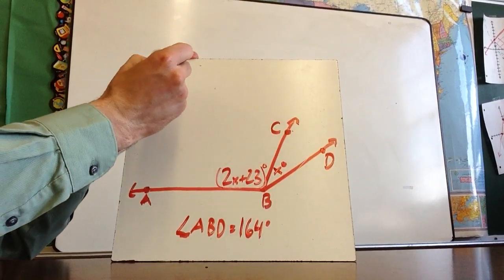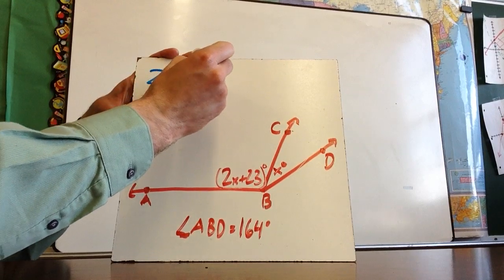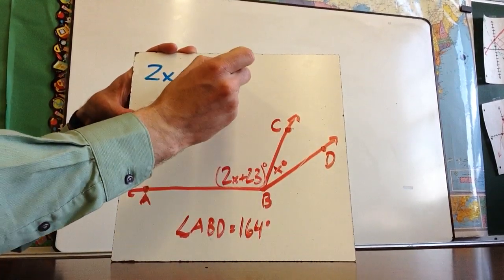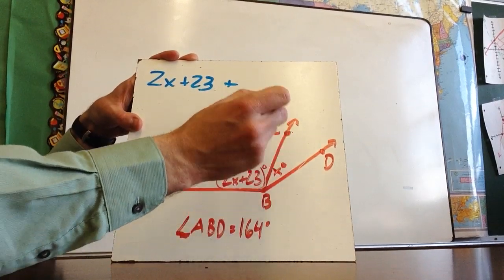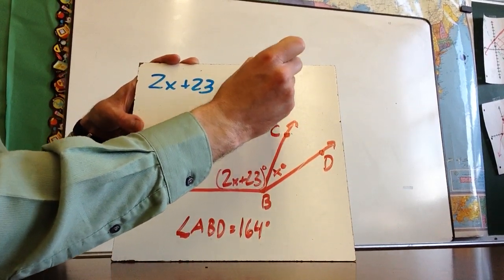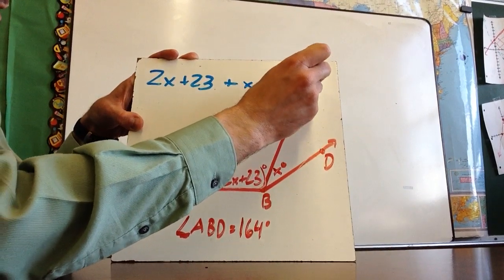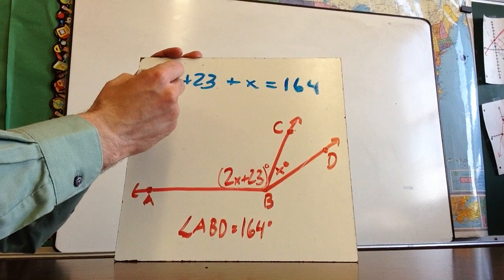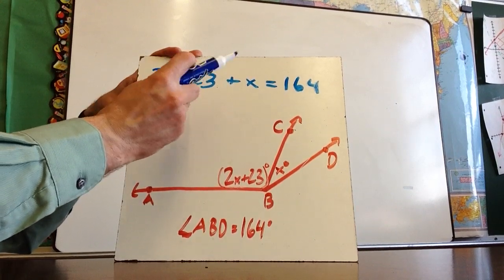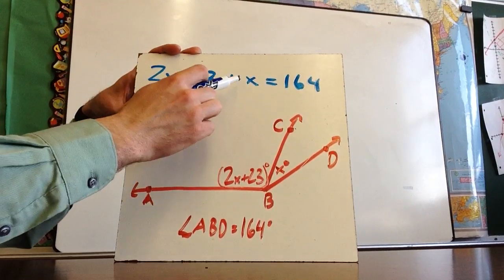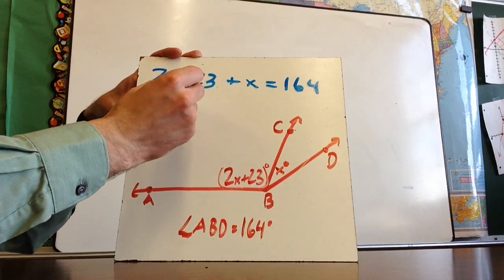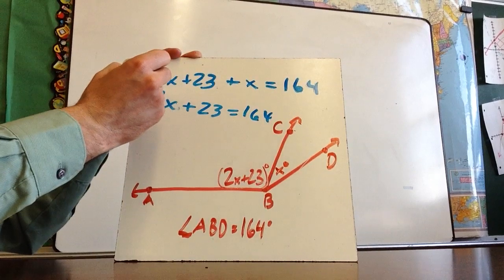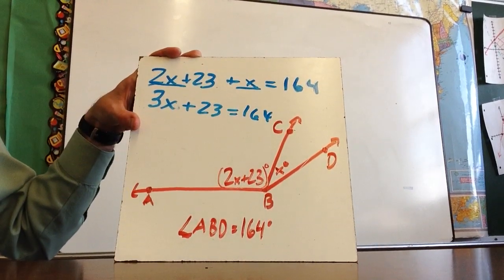So the measure of angle ABC plus the measure of angle CBD should equal 164. At this point I want to combine like terms. I take the 2x plus x, so I get 3x plus 23 equals 164. All I did there was combine the like terms.